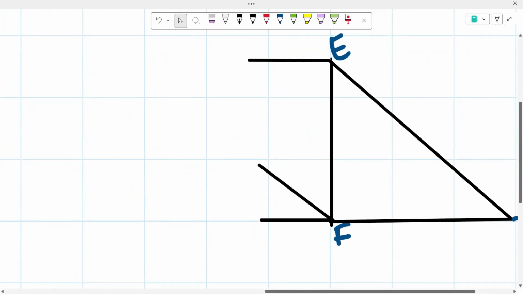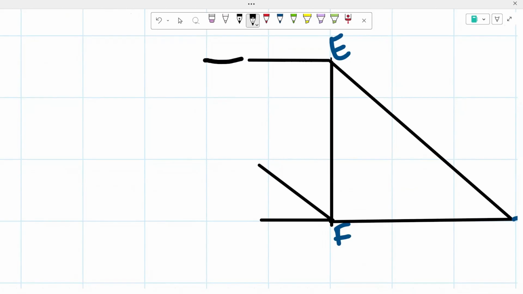From there, I'm going to assume that the bars are going to be in tension. Then later on, if I get a positive number, that means I assumed correctly. If I get a negative number, that means they're actually in compression. But for right now, I'm just going to assume that they're in tension, so away from the joint.